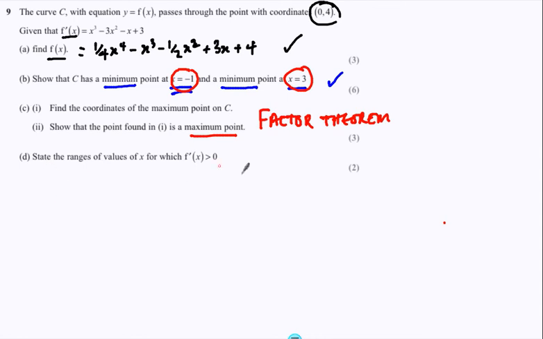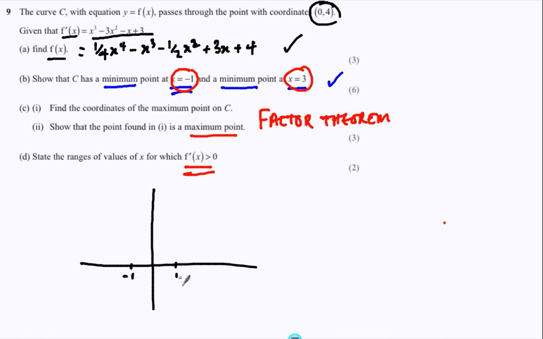And finally, state the range of values. I reckon for this, the easiest way is simply to sketch the curve. If we look at f dash of x on a graph, we know it zeros in 3 places, at -1, at 1, and at 3. And it's cubic, and therefore it's got this general shape, so it looks something like this.